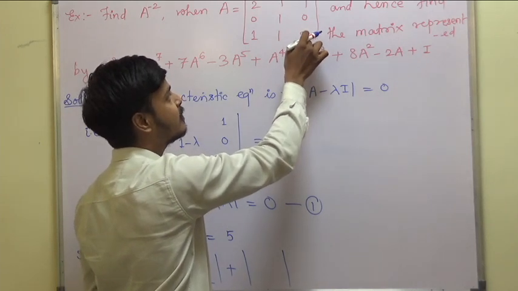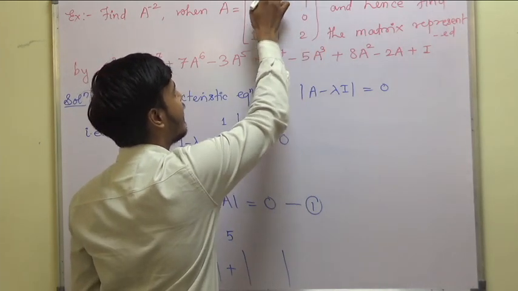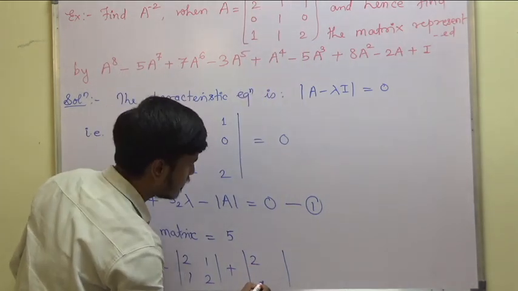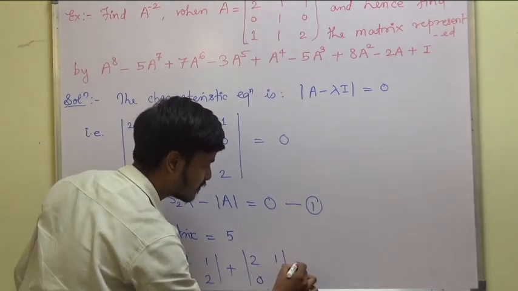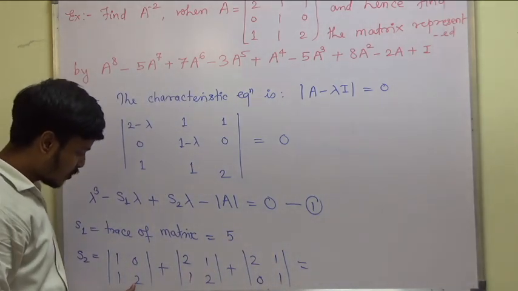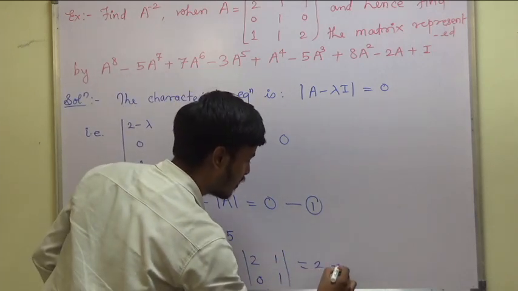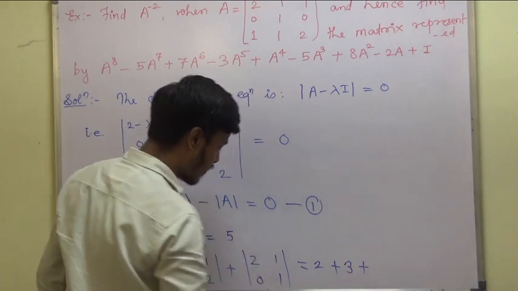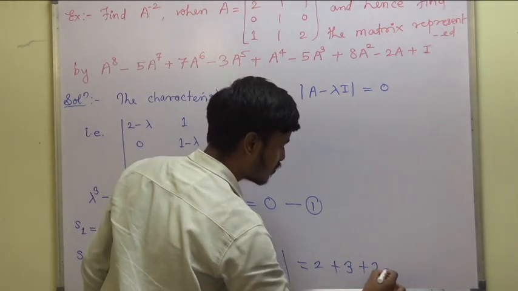Delete this row and this column and take the determinant of the remaining elements, that is 2, 0, 1, 1. Now try to write down what it is: 1 into 2, 2 minus 0, so 2, plus 2 twos are 4 minus 1 is 3, plus 2 ones are 2. So what is it?